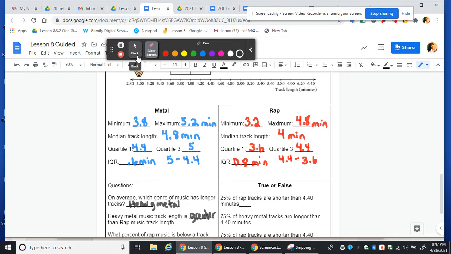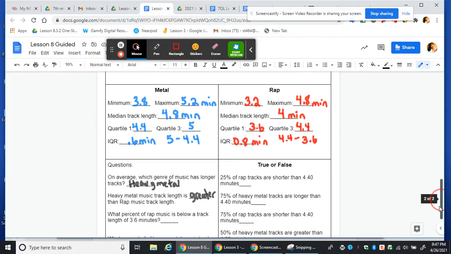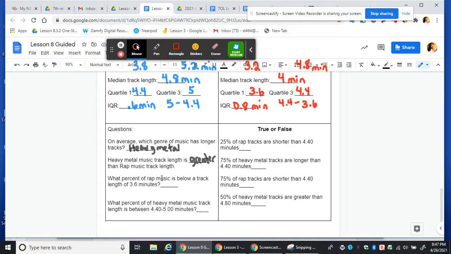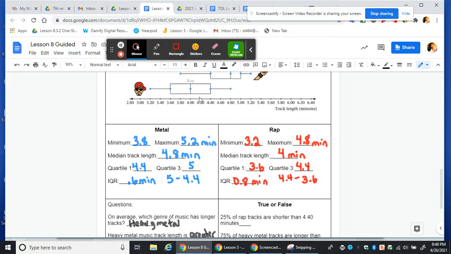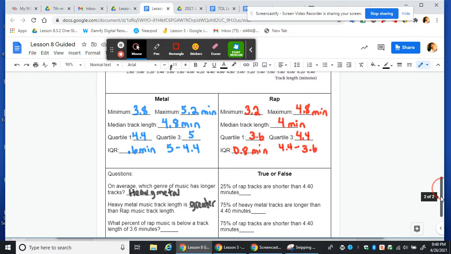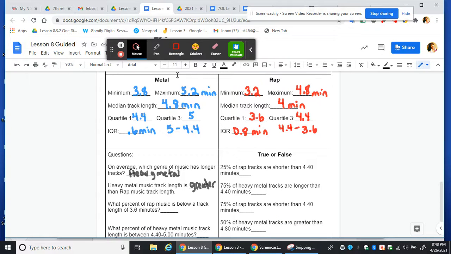All right, let's go ahead now and look at the following. What percent of rap music is below a track length of 3.6 minutes? Here's 3.6 minutes. I know if it's below, it must be sitting at 25%. So I'm going to have to go with 25%.